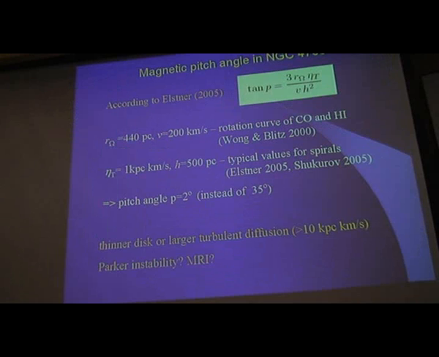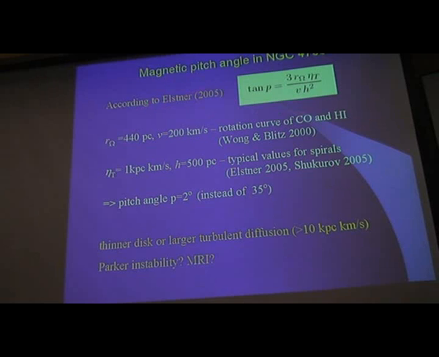The last problem I would like to address is the high pitch angle of the magnetic field. Because it cannot be maintained by spiral arms, it could probably be due to the configuration of the dynamo.